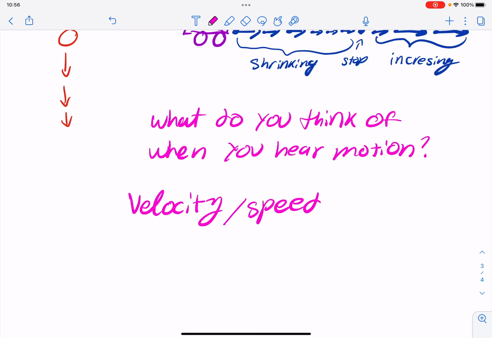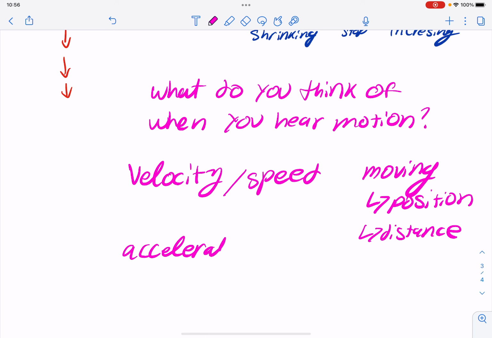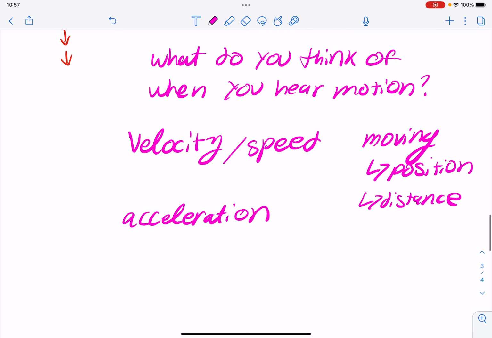Another one would possibly be moving, which would be position maybe. And the last one would be maybe distance. Distance also with this one. Maybe acceleration. Right? These are all different things you can think of when you think of motion. So, all of these things do describe motion. Velocity and speed, position and distance, and acceleration.